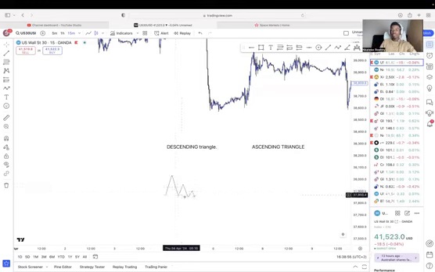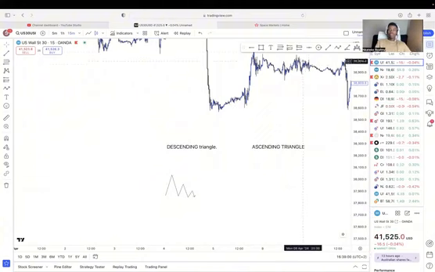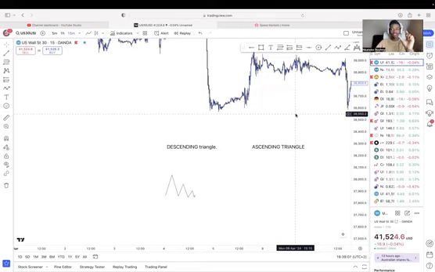With a descending triangle, you're going to find the market giving you a young correction like this, understand. If I teach you a setup like this for a sell, it's going to be similar for a buy setup.